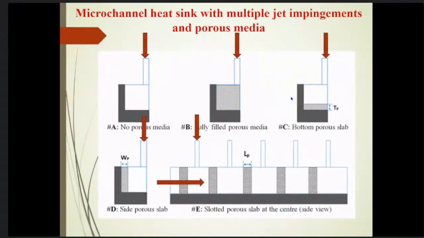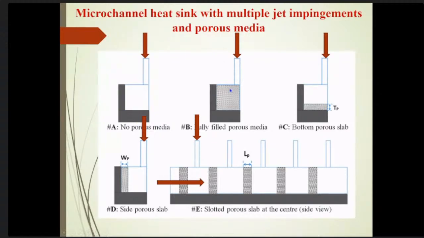More recently we introduced porous material, because it's not easy to have a porous material in the microstructure. Experimentally it is much more difficult to do the experiment, but the modeling we can do, and through the modeling we can get some idea of what we are going to have when we do the experiment. So here there are different combinations. This is the empty channel, there is no porous material inside, and there is only the fluid coming in and striking the chip surface.